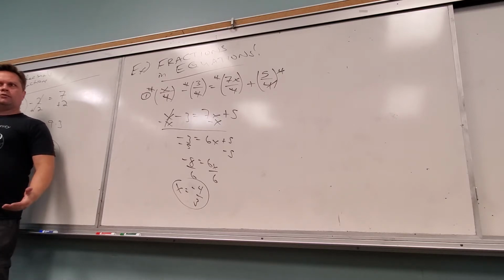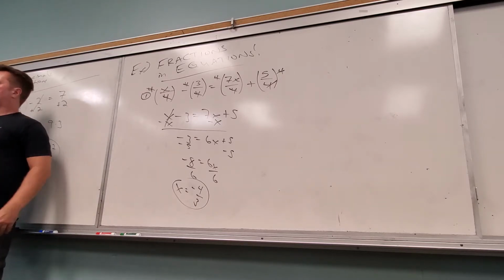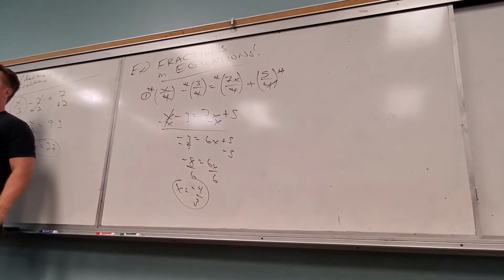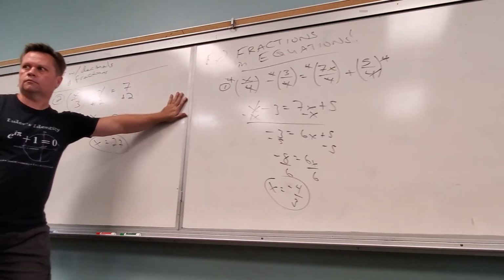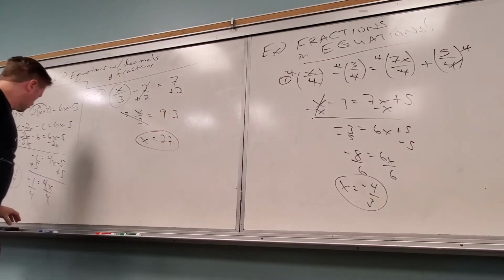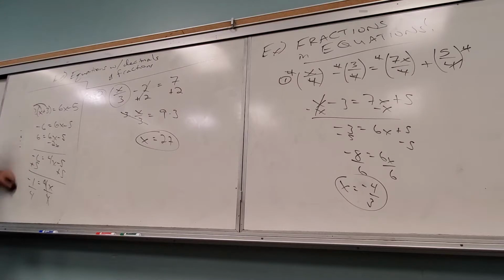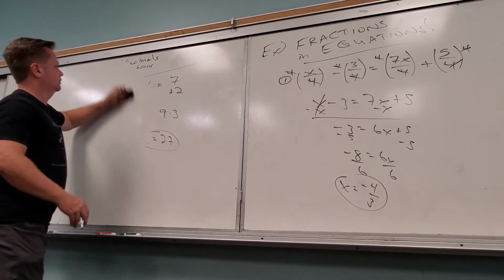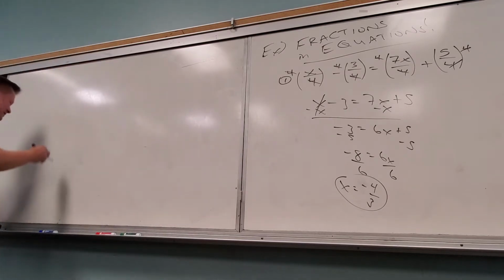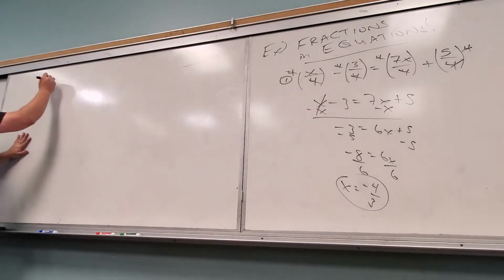All right, so let's do one where the bottoms aren't the same. Just for instance, this is a random one, maybe, off the top of my head. Okay, hold on. I'm reading it out of my mind's eye.